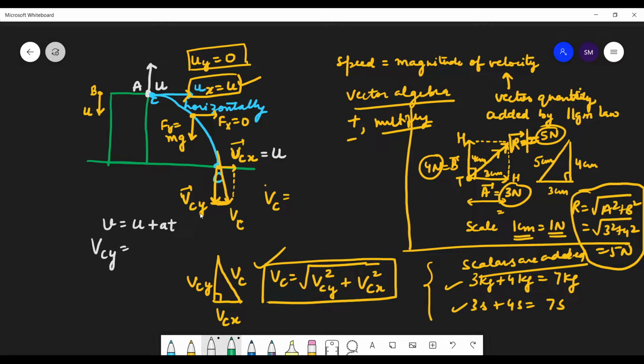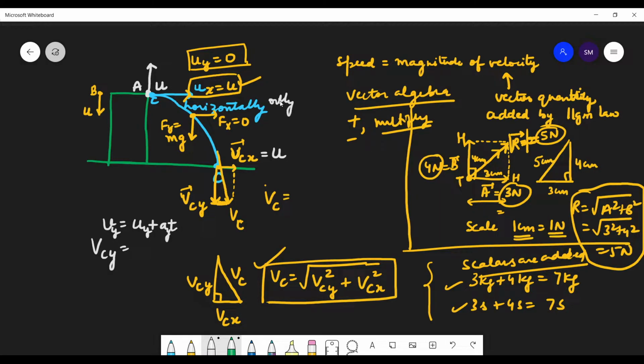Now the final velocity is vcy, so this all will be in y direction. So what is uy? In case of c, there was no vertical velocity, there was only horizontal velocity.